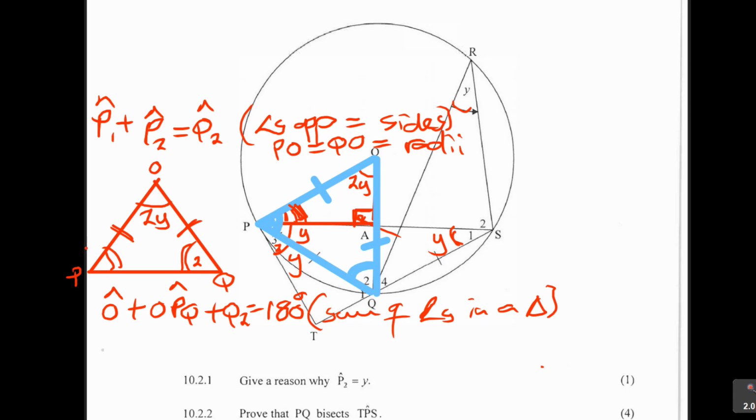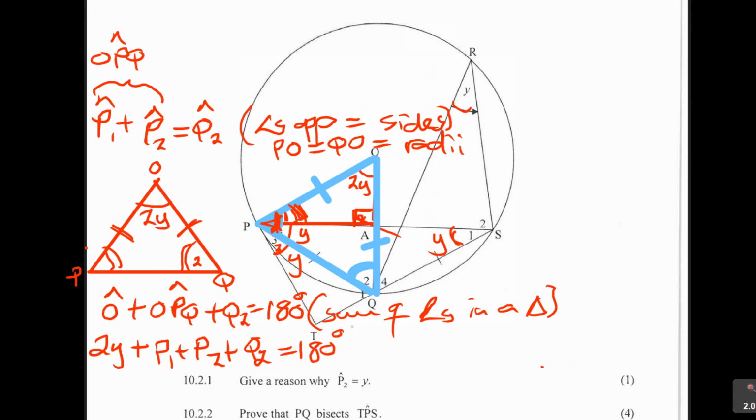Remember, O is 2y, so I can say 2y plus my OPQ, which is this one. I don't know that, but I know part of it. If you combine these two, you get your OPQ. Are you getting it? So P1 plus P2 plus Q1 plus Q2 is equal to 180 degrees.